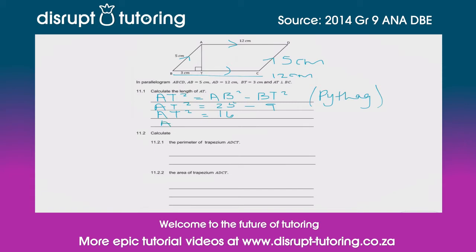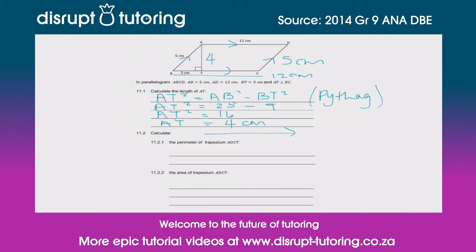And once I square root both sides, I know that AT is equal to 4 centimeters in total. That gets us a good couple of marks. Right, so I'm going to write that in. AT is equal to 4 centimeters.